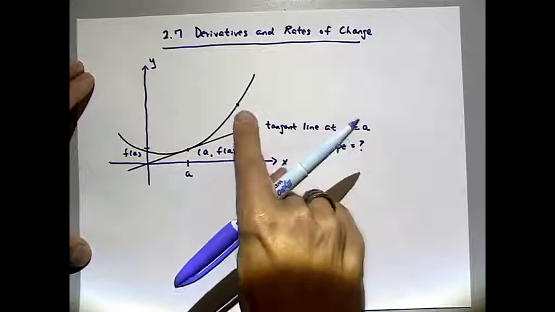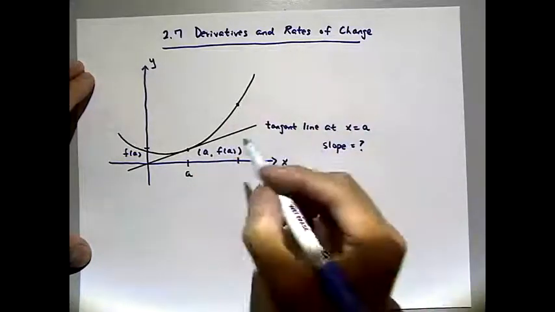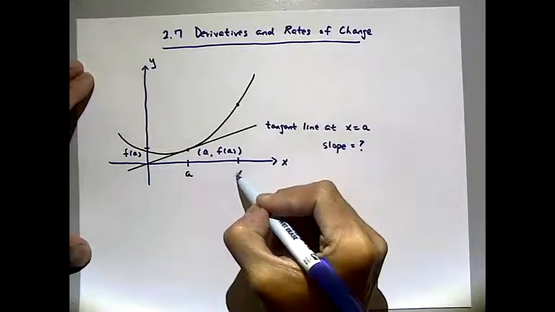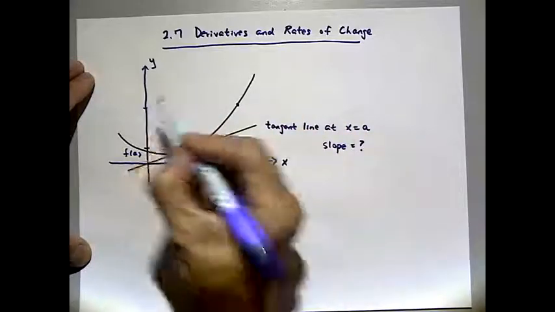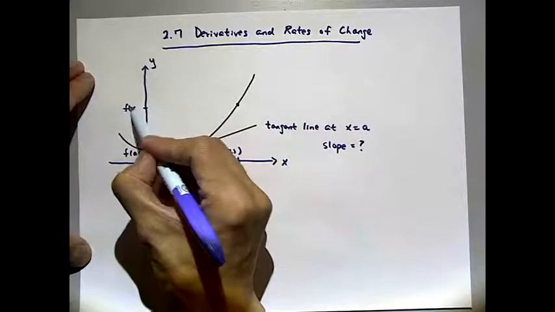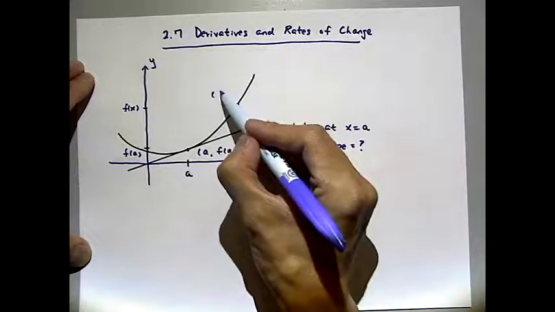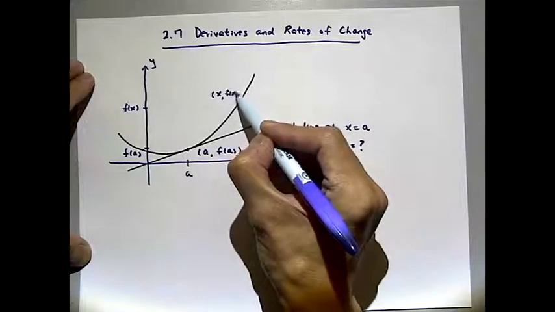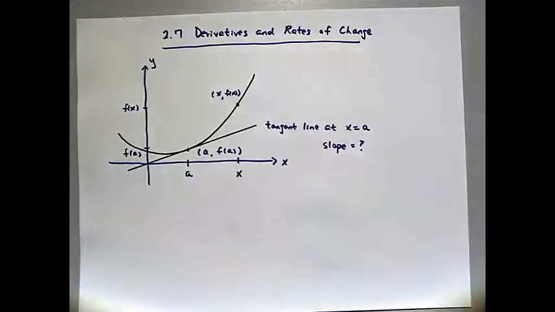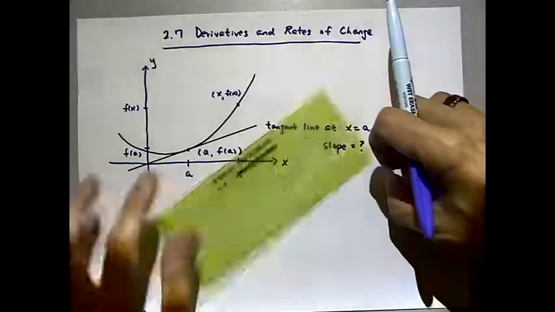And that point is allowed to move about. So we're going to say it's at x is equal to x, and y is equal to f of x. Okay, remember the idea is to move that second point closer and closer to the first point, eventually approximating the slope.